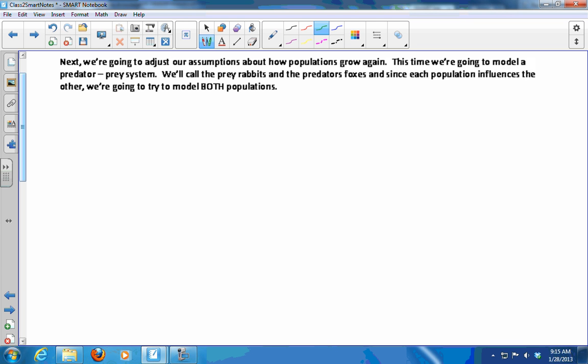So you can't have a model that takes into account predators without having a model for the predators that takes into account the prey. So we're going to call the prey rabbits and the predators foxes. Since each population influences the other, we're going to have to set up a model for both populations. In reality, foxes don't really eat rabbits, but these are the classic variables used for this problem.